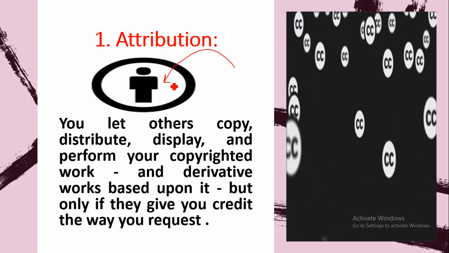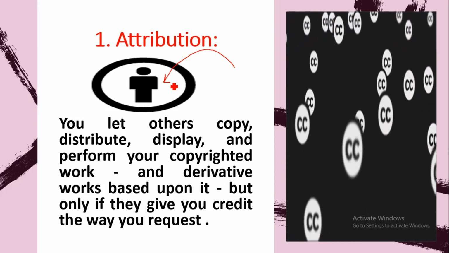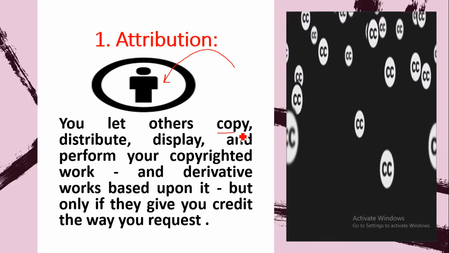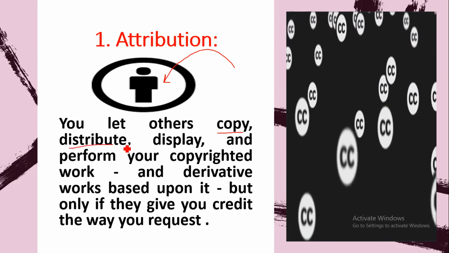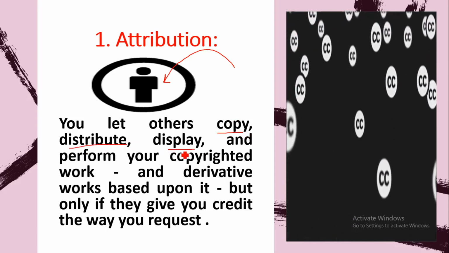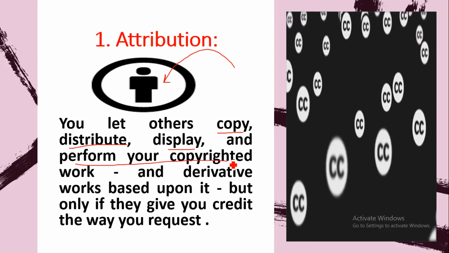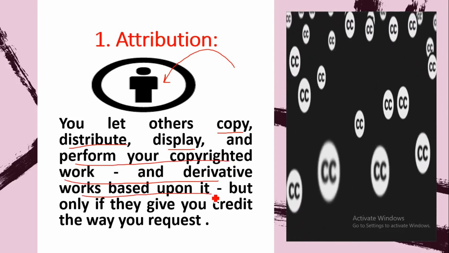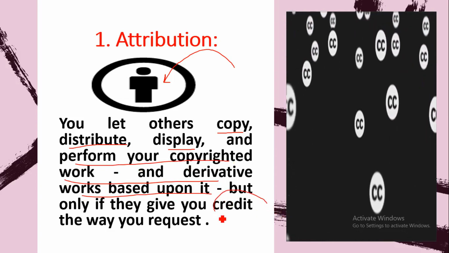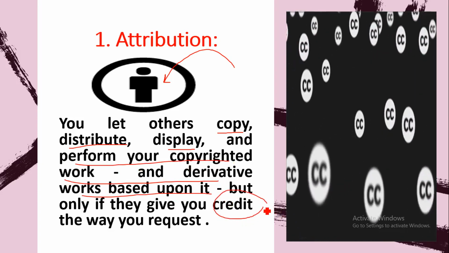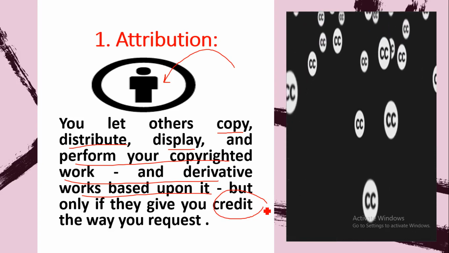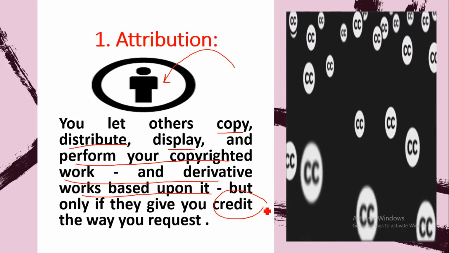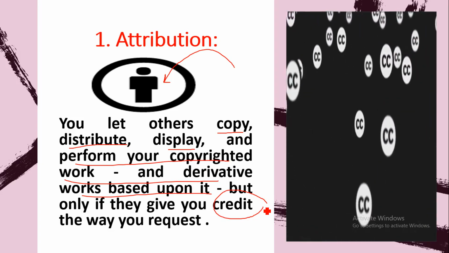It allows you to copy, distribute and display my content, and perform my copyrighted work and derivative work based upon it, but they have to give the credit the way you request. If I ask to include my name in their content, then they have to include my name.